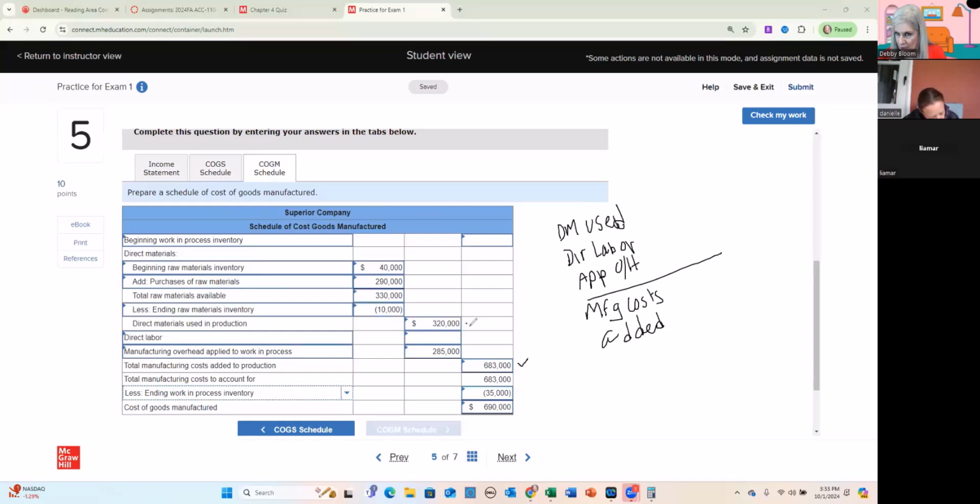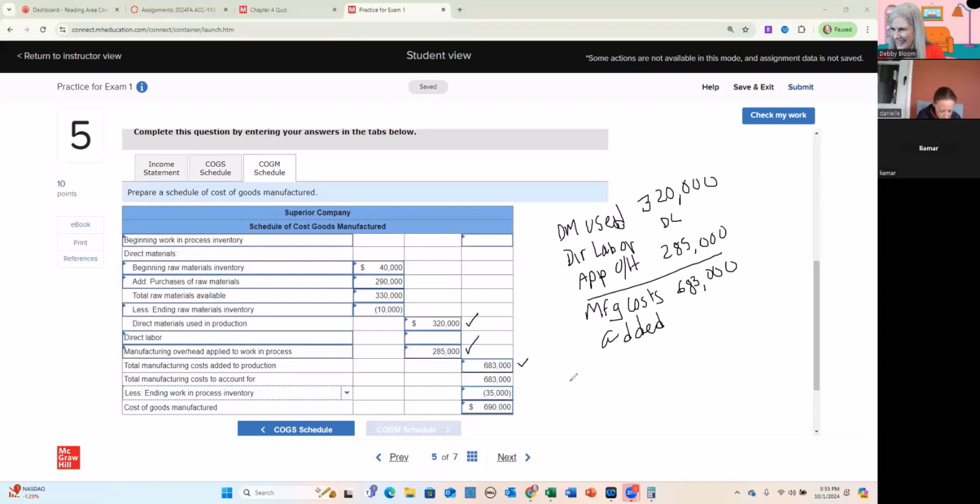So I know the 320,000 direct materials used in production. I don't know the direct labor, but I was given the overhead applied. And I know that the total of the three is 683,000.